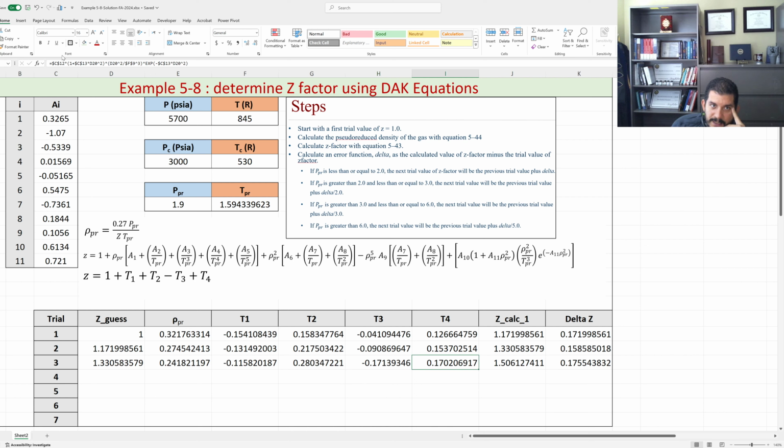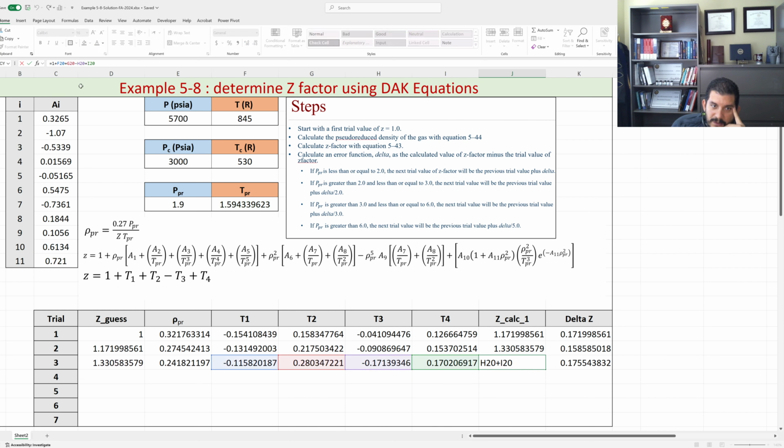Now this one is A10, we get A10 times 1 plus A11 log times density square, good, times density square divided by TPR cube times the exponential of negative A11 density square. Okay, good.